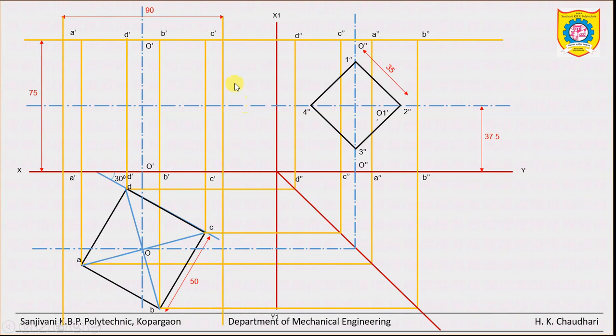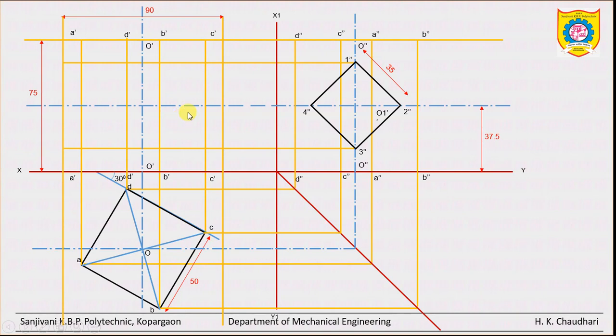Now see, draw the projection from 1. Similarly, from 2, and 4 is already overlapping with this axis, and draw for corner 3. So these become the horizontal edges in the front view.